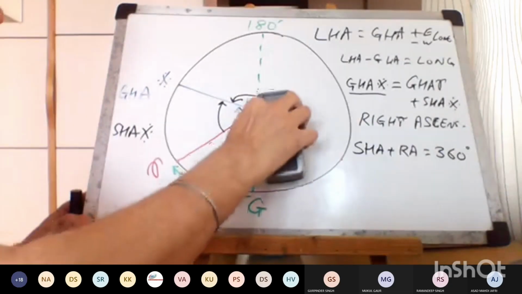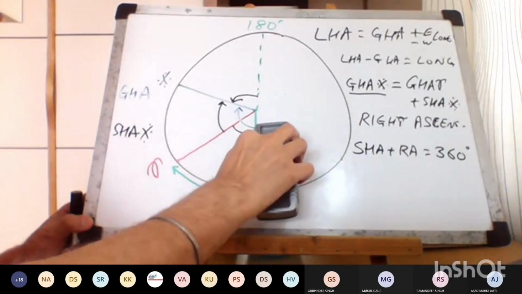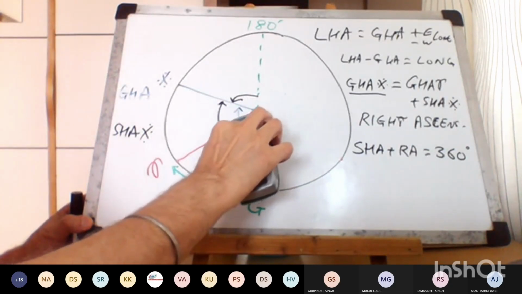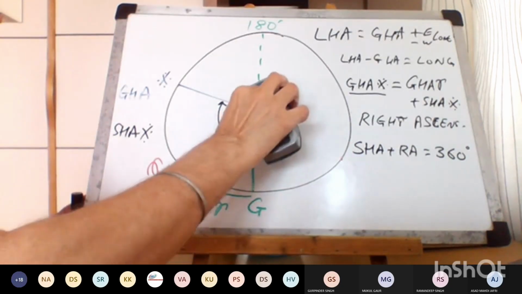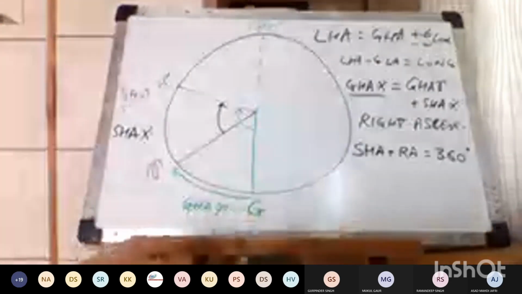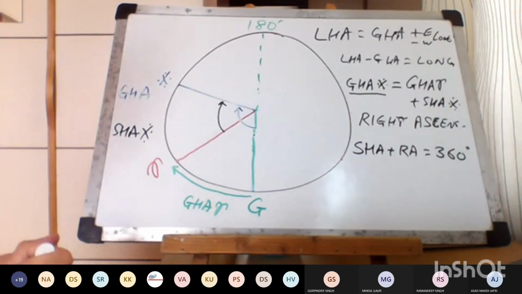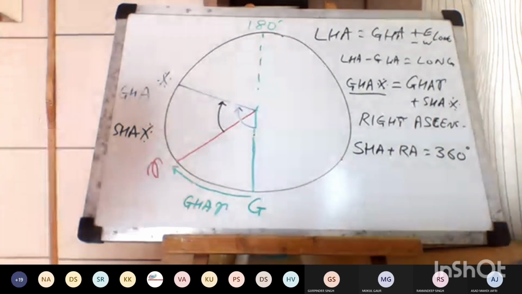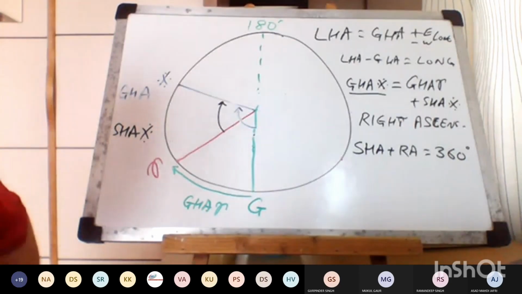Okay, I'll remove this to avoid the confusion now. So we discussed two reference points now. One is the Greenwich meridian. We can start a relationship either from Greenwich or from Iris, because we have to reach the star, and we said GHA star is not given for all the stars because it will make the almanac very big.